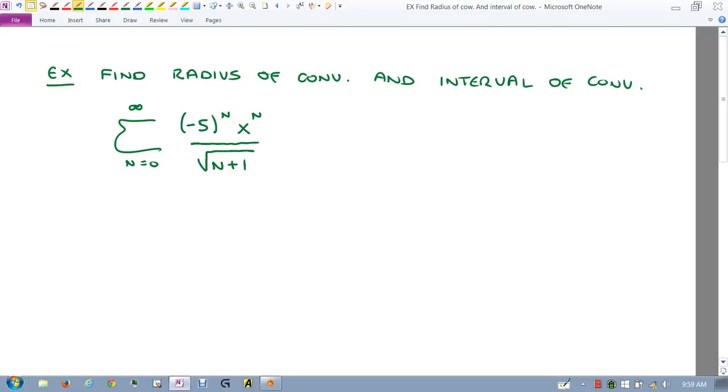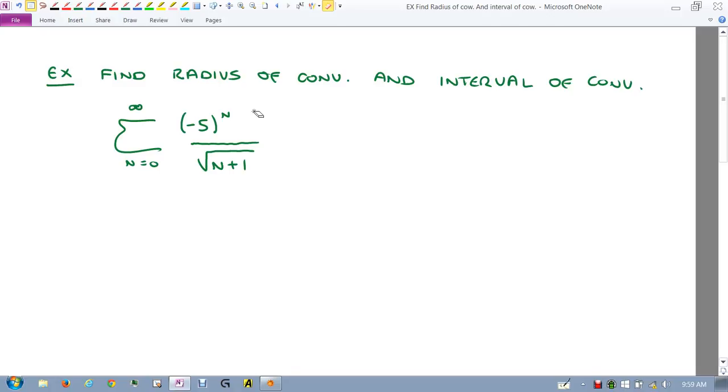You're about to see in this example why on your final you are not going to have a lot of problems that are not power series. You'll see in this problem why when we get through. It's going to take us a while to get through this whole thing. But if this was not here, look right here, if that x to the n was not here, that would be a series problem, not a power series, right?